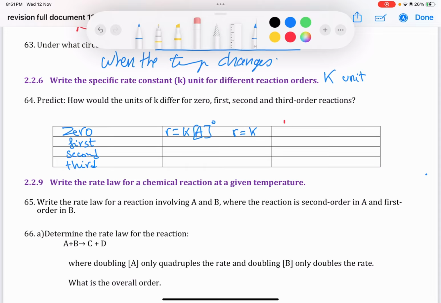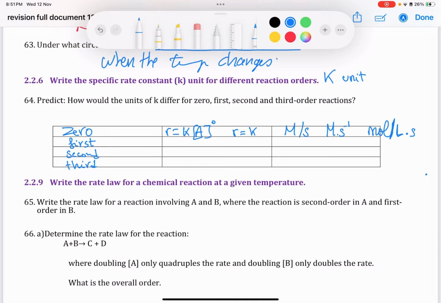And this is the only case where K, the specific rate constant, has the same unit as the rate of the reaction, which is molar per second, or I can write it as M s^-1, or I can even write mole per liter second.